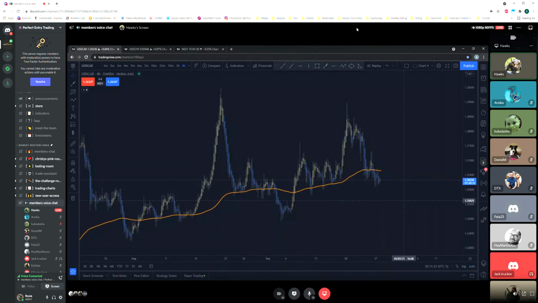Wow, this has a lot of volatility in here. So yeah, this is pretty interesting. So with this, we see price right here, 1 to 4 hour.